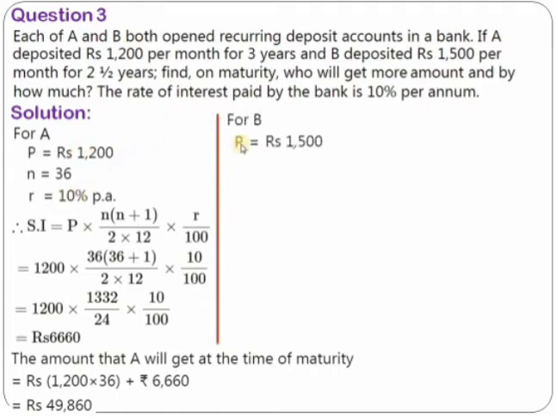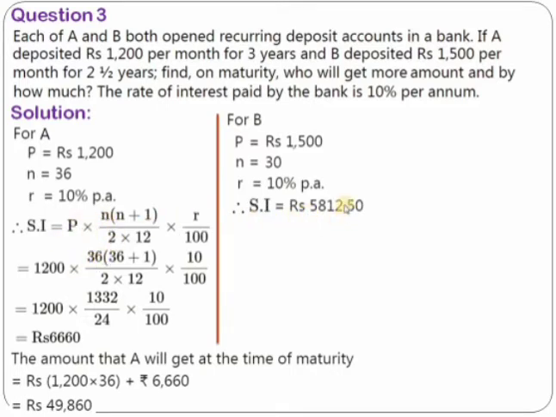So for B, you have the principal, or monthly installment, to be 1500. N, that is the number of months, is given in terms of years. So 2.5 years means how much? It is 30 months. How did you get that? Again multiply 2.5 by 12, you'll get 30. And the rate is again 10%. So calculate your simple interest using this formula.